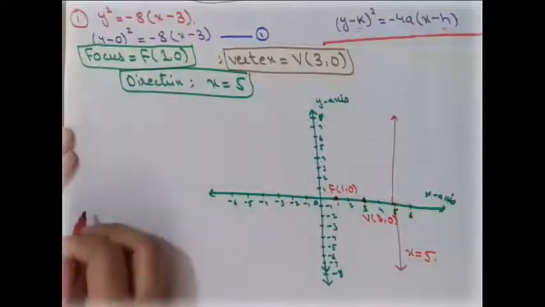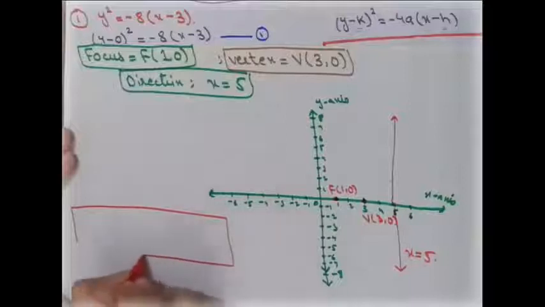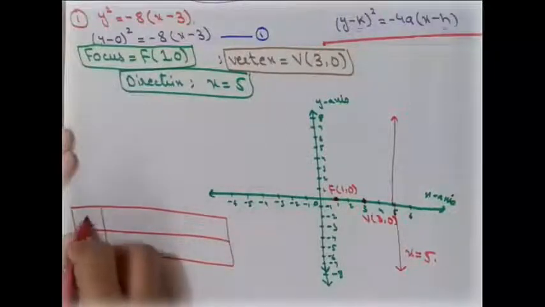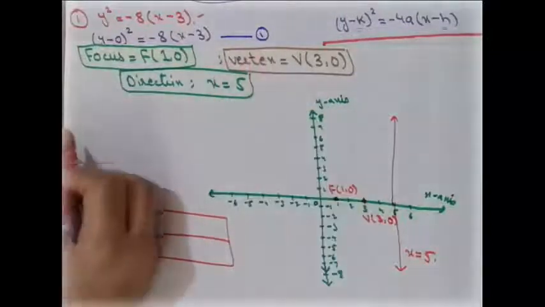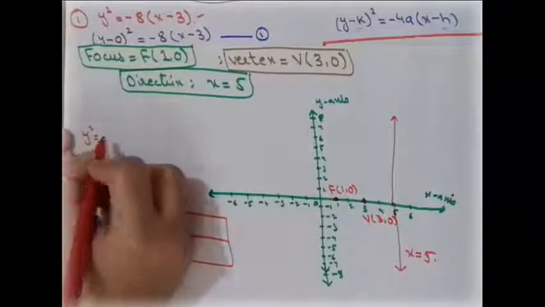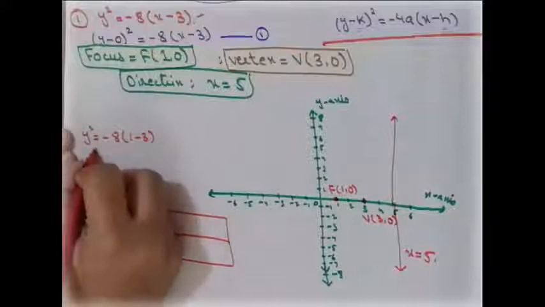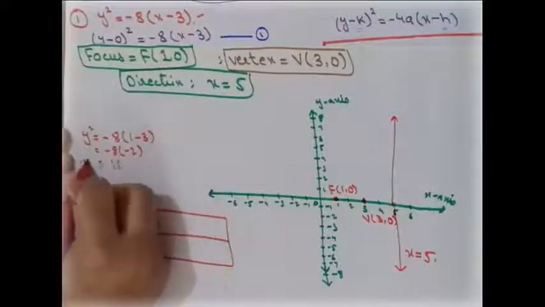We have to take some points and plot them. So I will take a value of x and get a value of y. If I put the value of x as 1 in the first equation, then what do I get? y squared equals minus 8 times (1 minus 3), then minus 8 times minus 2, which is 16 for y squared.